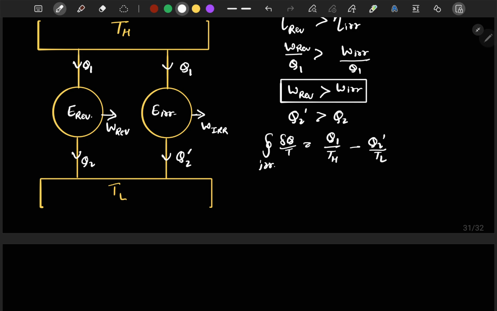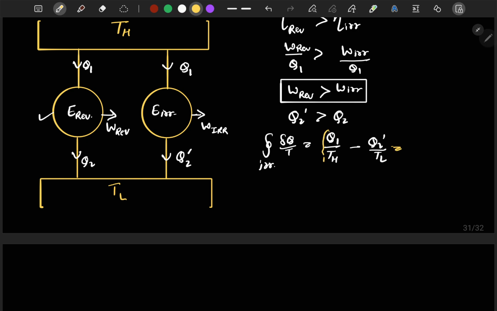Now from the reversible cycle we can write Q1 by TH is equal to Q2 by TL.